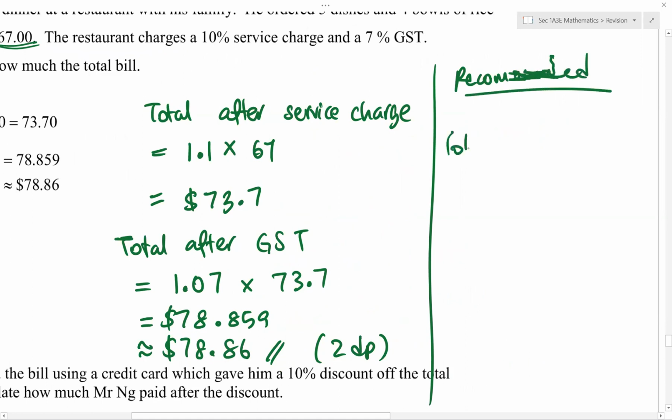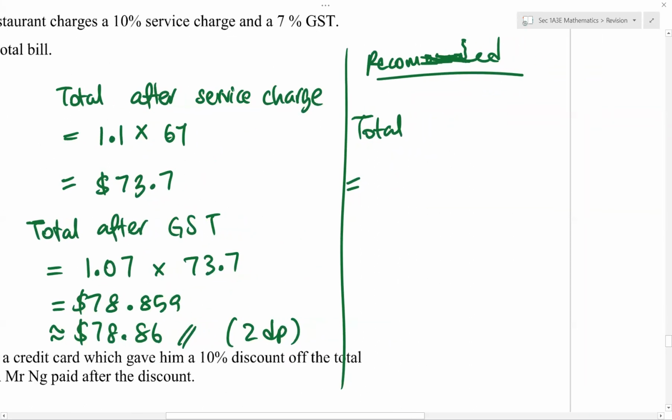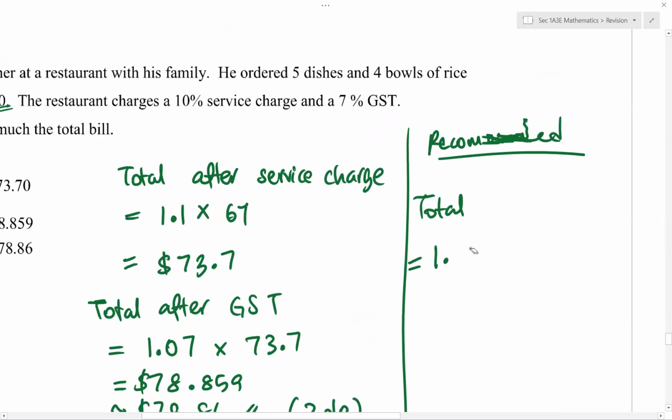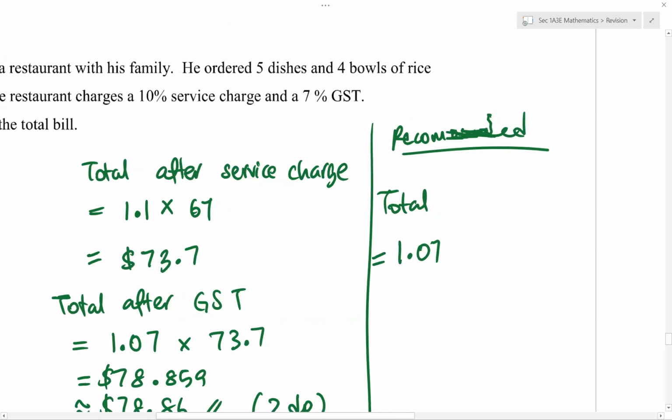Recommended. Total. Okay, watch. I'm only going to say once. Instead of the huge chunk on the left-hand side, one step only. The total is, and you pay attention to what I'm going to say, 110%. Okay, I switch it on. 107%. This is the GST. 107% of its times of the 110%, 1.1.